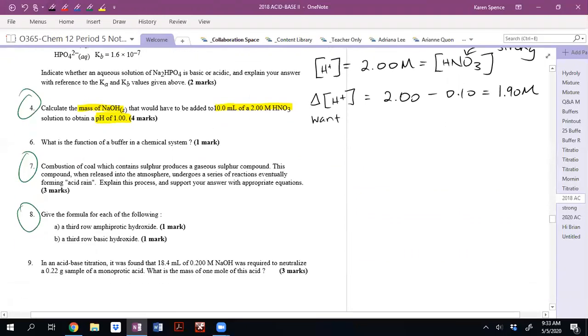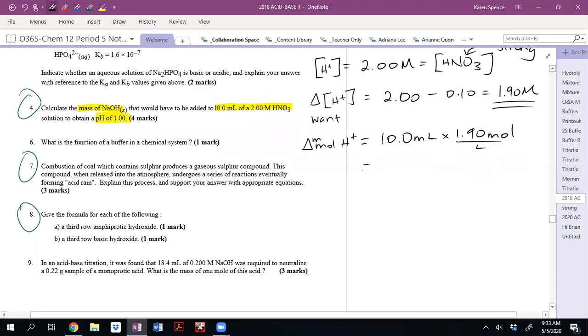Yes? So the change in moles of H plus is going to be how much of that is in 10 milliliters. So, let's make that millimoles, 10 milliliters times 1.90 moles per liter.